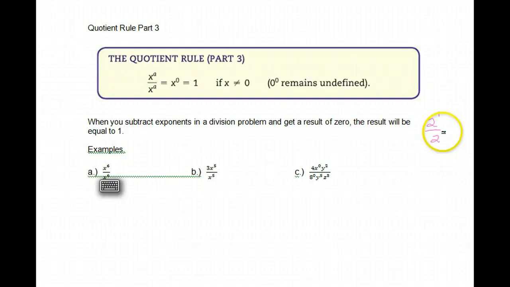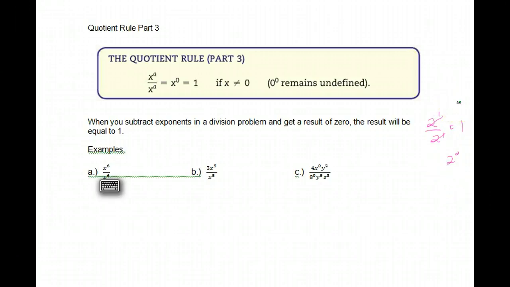That's like 2 to the 1st over 2 to the 1st, right? We should all agree with that. If I subtract 1 minus 1, I'm going to get 2 to the 0, right? But if I just thought of my 2 over 2 from before, that would make 1, okay?